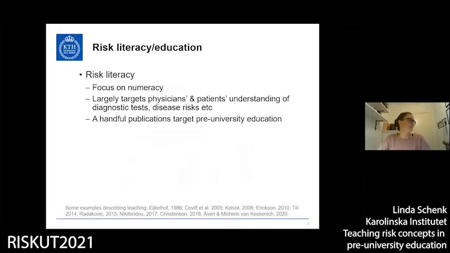The work targeting risk literacy has a focus on numeracy, on understanding statistics and probabilities. The literature I'm familiar with largely targets physicians' and patients' understanding of diagnostic tests, disease risks, etc. And there are a handful of publications that specifically target risk literacy in pre-university education.